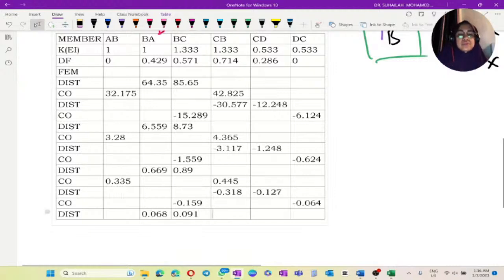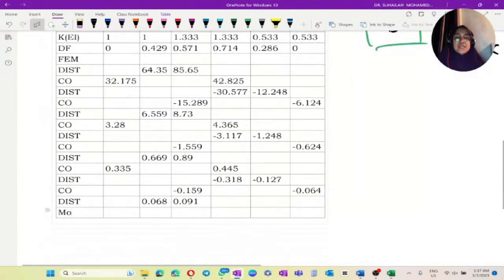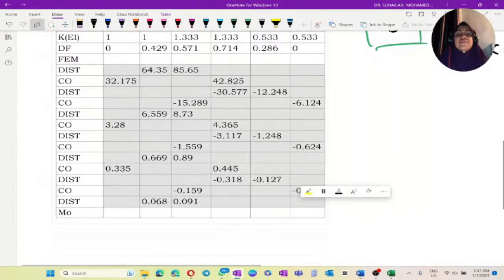So we have to stop at distribution, and the end moment from table number 1, we consider starting from this first distribution until the last distribution.